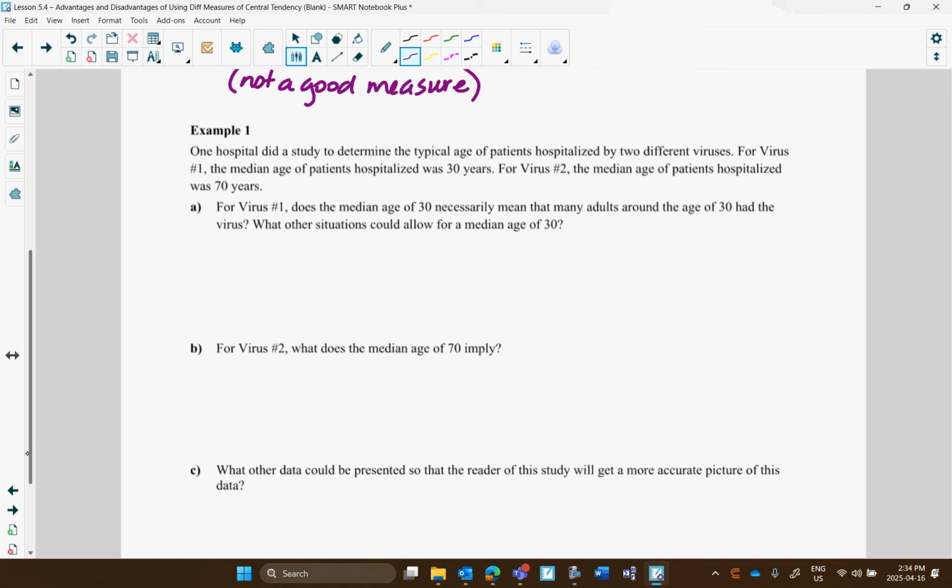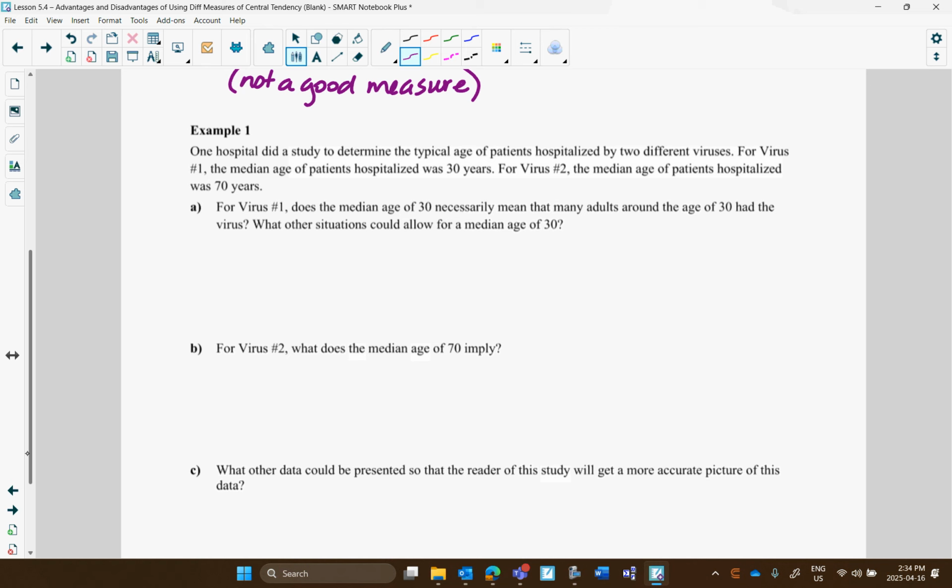So as an example, a hospital did a study to determine the typical age of patients hospitalized by two different viruses. For virus 1, the median age of patients hospitalized was 30 years. For virus 2, the median age of patients hospitalized was 70 years.